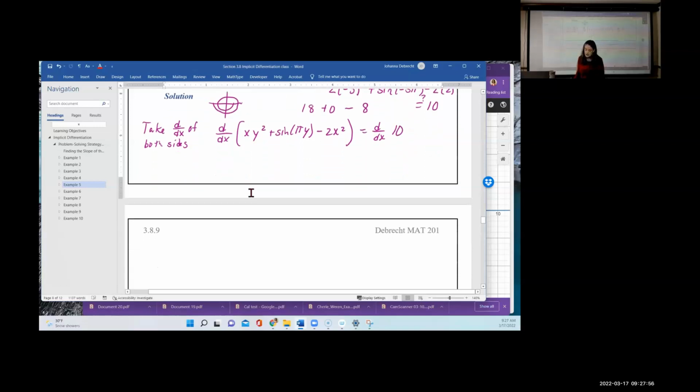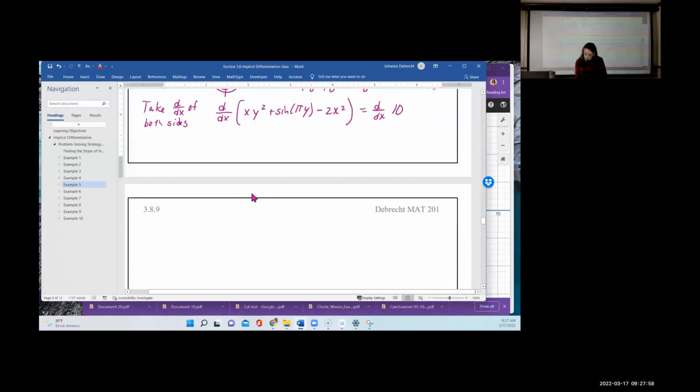Now 10 is a constant, so that one's going to give us 0. On the left side, the first thing we have is a product, x times y squared. Y squared is going to be treated like the chain rule. The derivative of the squared is going to give us 2 times y to the first. And then because we have a y, like Juan said, we just tack on a dy dx, derivative of the inside function.